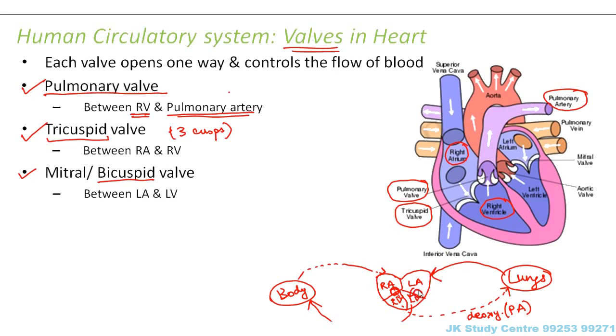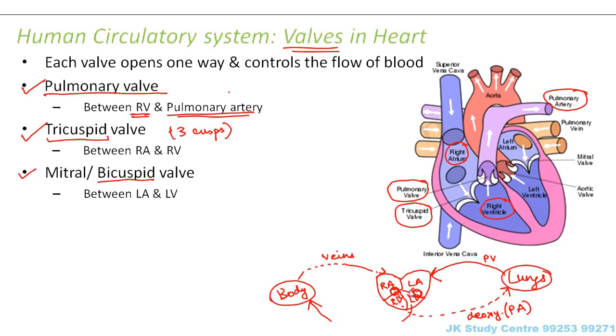Here one valve has to be present, because if you look at this picture, you can see the blood from the lungs to the left auricle, this is the oxygenated blood, and who carries this oxygenated blood? The pulmonary vein. Right? Now the blood which flows to the body is carried by the arteries, and the deoxygenated blood which flows from the body to the right auricle is carried by the veins.